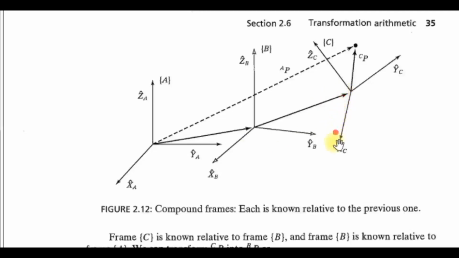XB, XC is not parallel. YB and YC is not parallel, and ZC, ZB is not parallel. Since these are not parallel, it means there are multiple rotations.